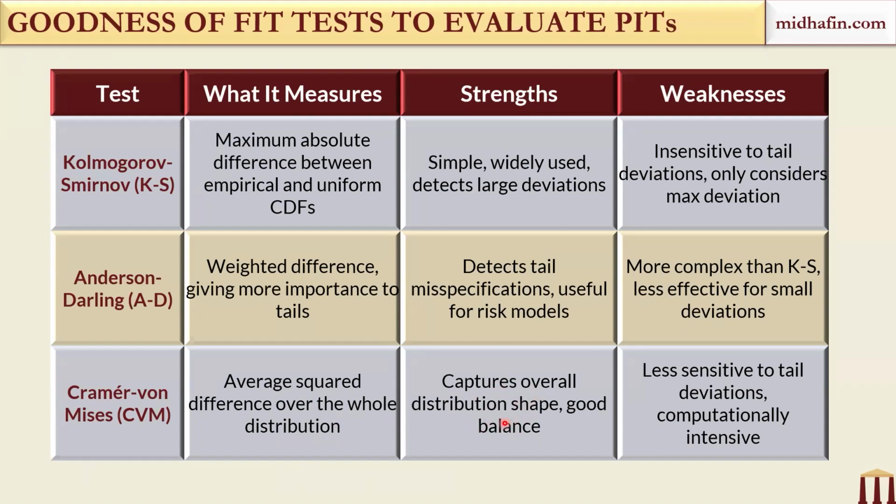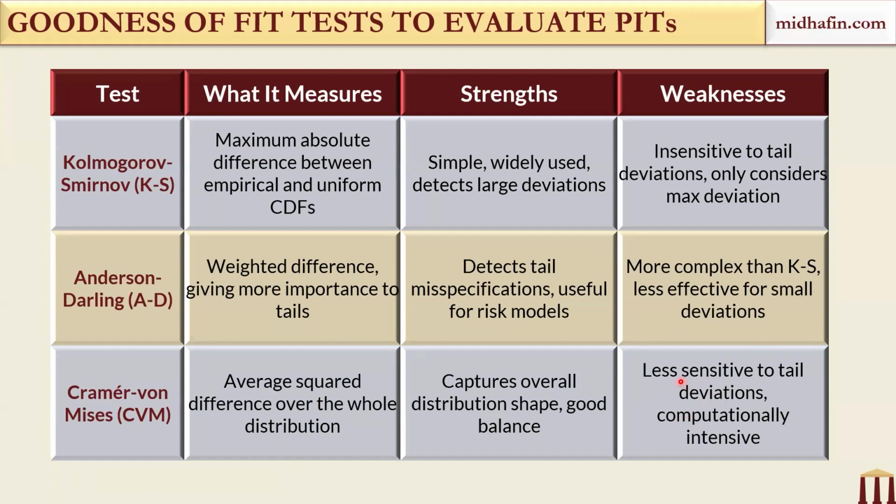It is not only capturing the extremes, so it's great for testing the overall shape. But on the downside, it is less sensitive to specific tail issues, and it is also more computationally intensive than something like the KS.